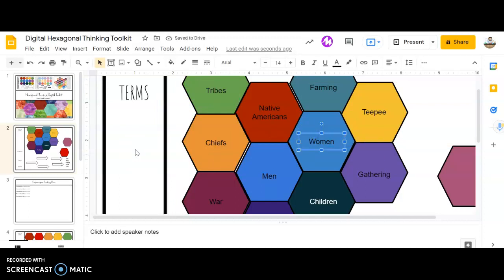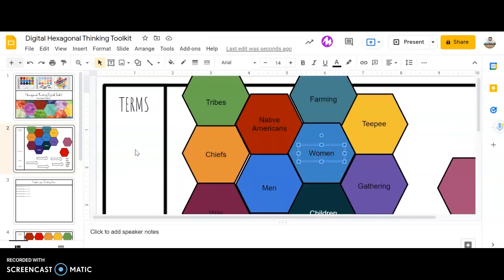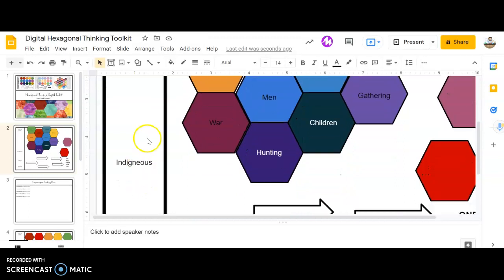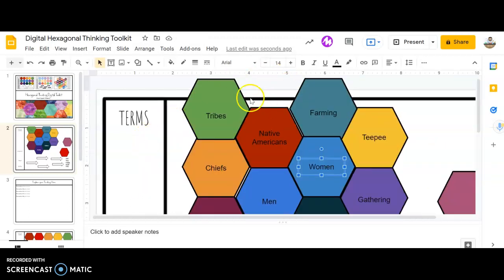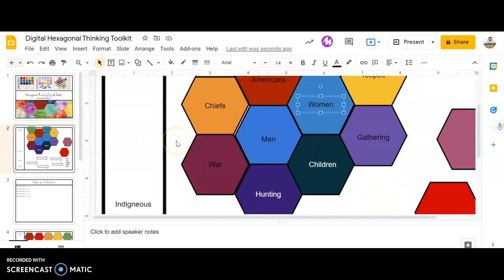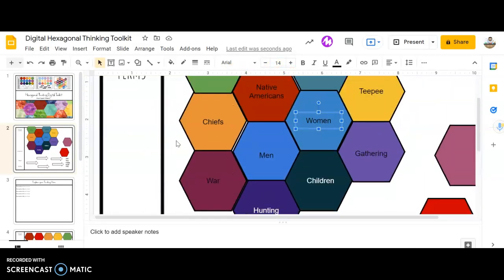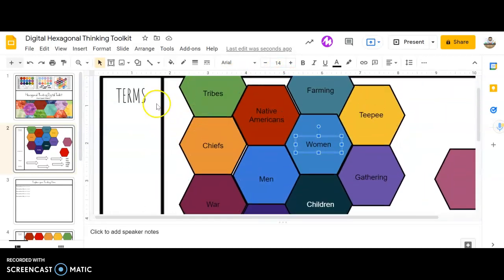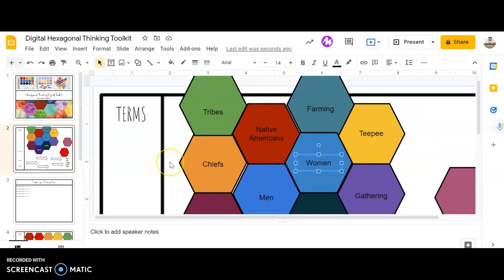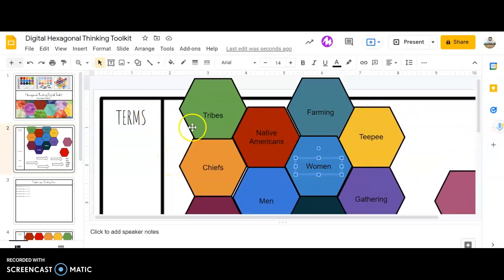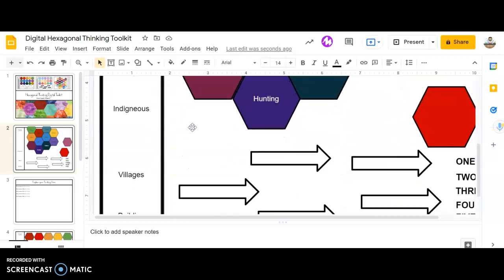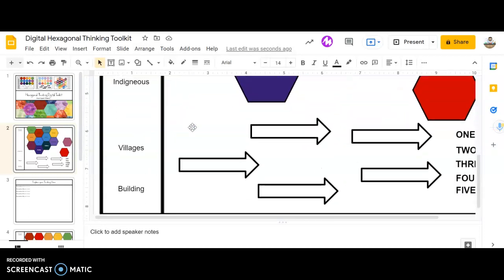Now, again, as I'm going through this, there are going to be times where indigenous, I guess that could go here if I wanted to get it on there, and that would be fine. And villages would connect to chiefs and tribes, so I could do that. Now, you're welcome to move this around some more and make it fit and look super nice. I know that a lot of you would want to do that.